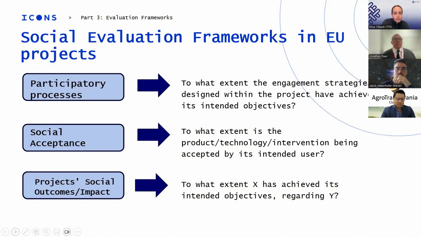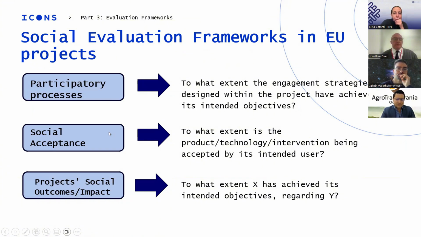And here you can have a glimpse of what participatory processes, social acceptance, and project social outcomes and impact really entail, and some of the guiding questions that we take into account. For the participatory processes, it's very important for us to understand to what extent the engagement strategies designed within the project have achieved the intended objectives.